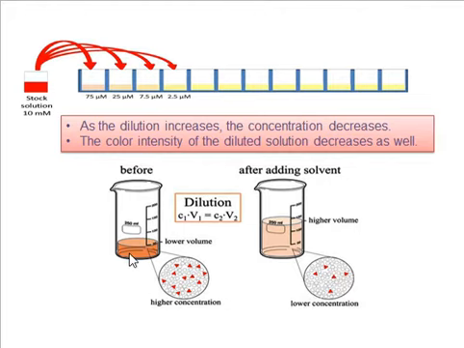Here in this beaker, a spoon of NaCl in 100 ml of water means a higher concentration, which means less distribution of the solute over the liquid.